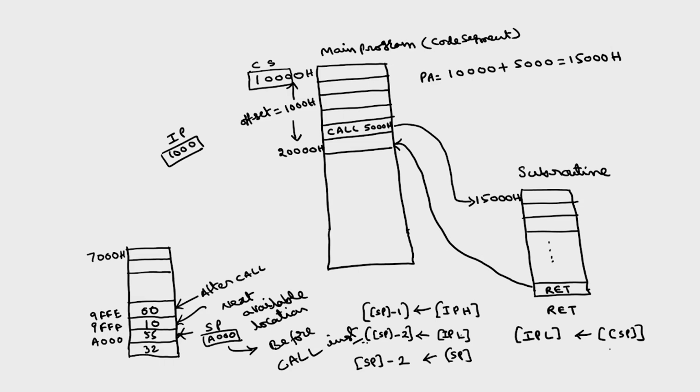And then 10, the contents of SP plus 1, will be transferred to IPH, because we know that the stack pointer operates on the principle of last in, first out. Then these two data will be emptied. Now, the stack top becomes this A00, which is the previous one. So, the stack pointer becomes stack pointer plus 2.